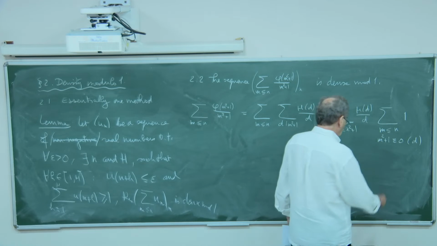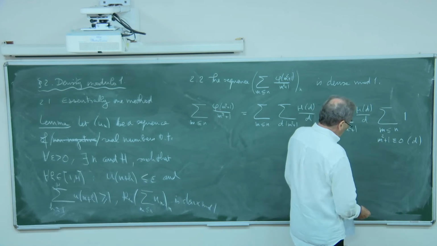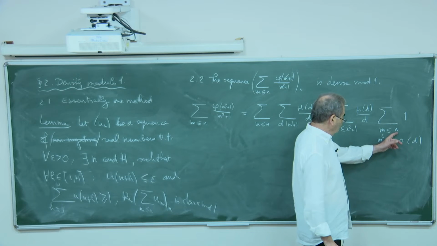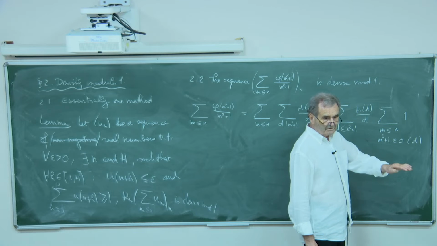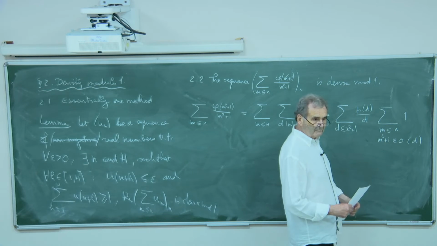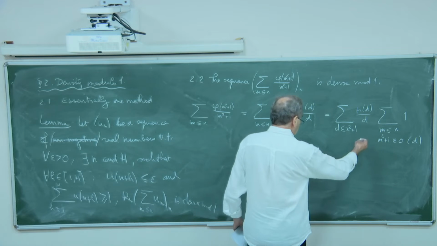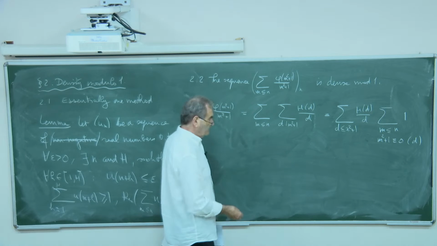So each time you have a solution, you have to count the number of m which are congruent to this solution. So it will be something like n over d. Let rho(d) be the number of solutions of this.